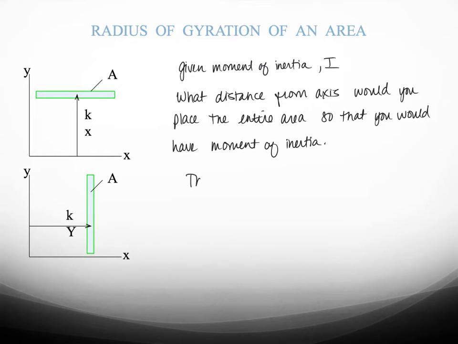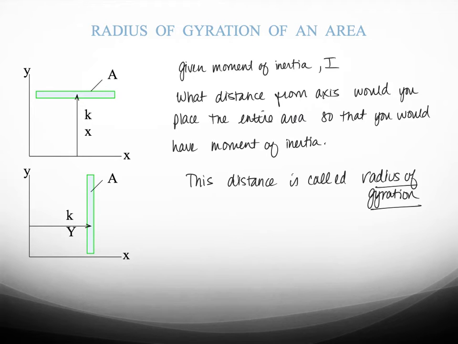And this distance that you're trying to find is called the radius of gyration. So that's the definition of what the radius of gyration is.